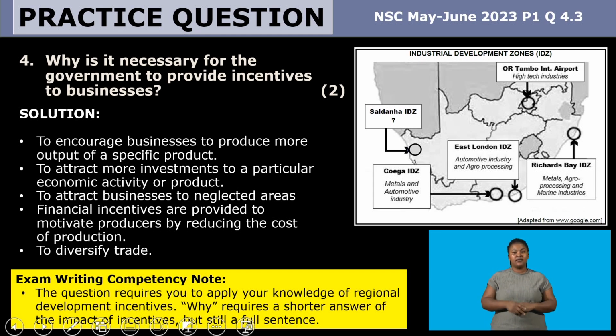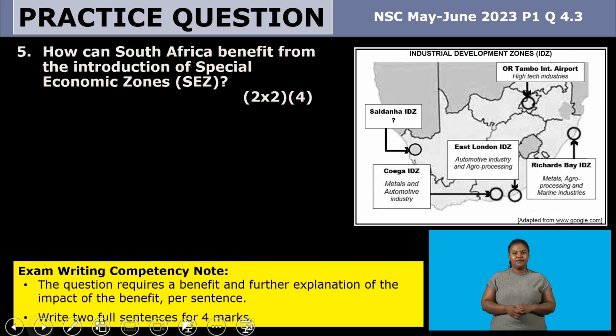To attract businesses to neglected areas. Financial incentives are provided to motivate producers by reducing the cost of production. And lastly, to diversify trade. So any of these would be a reason why the government should provide incentives to businesses.